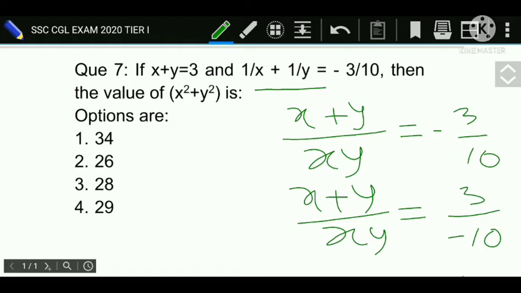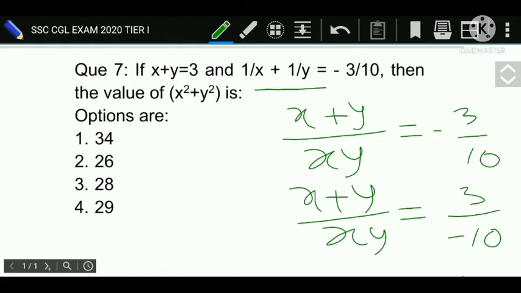Because to neutralize this minus on the denominator side, we have to multiply on the top and bottom sides. So the top one will become minus 3 and the bottom side will become 10. So clearly the value of x plus y is 3 and the value of xy is minus 10.